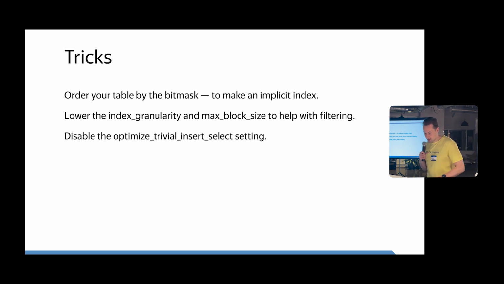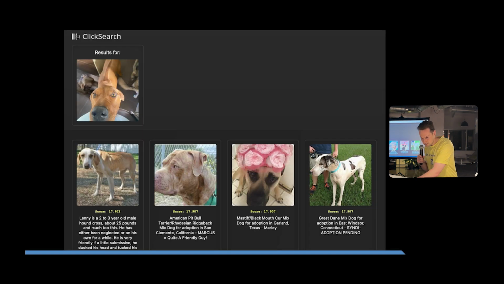We can also change some settings. And we have built a prototype on this for searching the dogs, and apparently it also works. At least all the returned results are dogs, not cats. So I'm still satisfied, but frankly speaking, I like cats more than dogs.